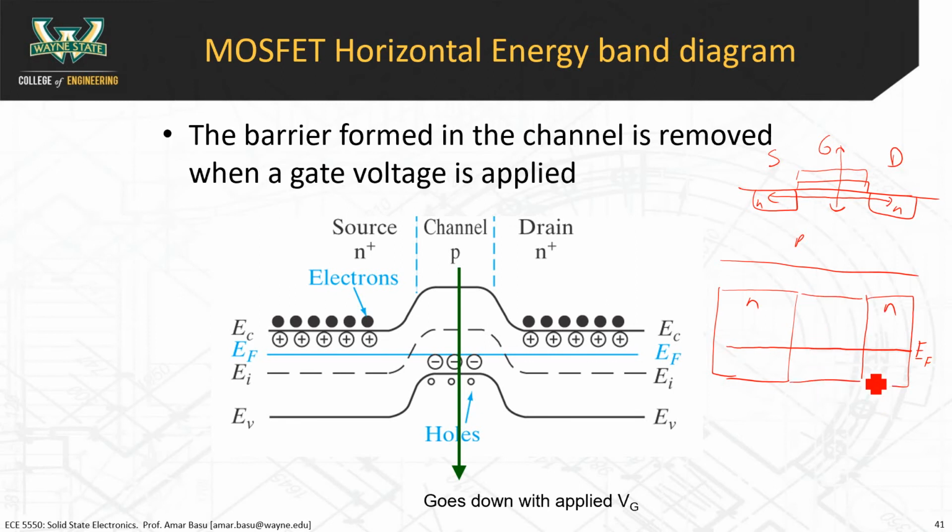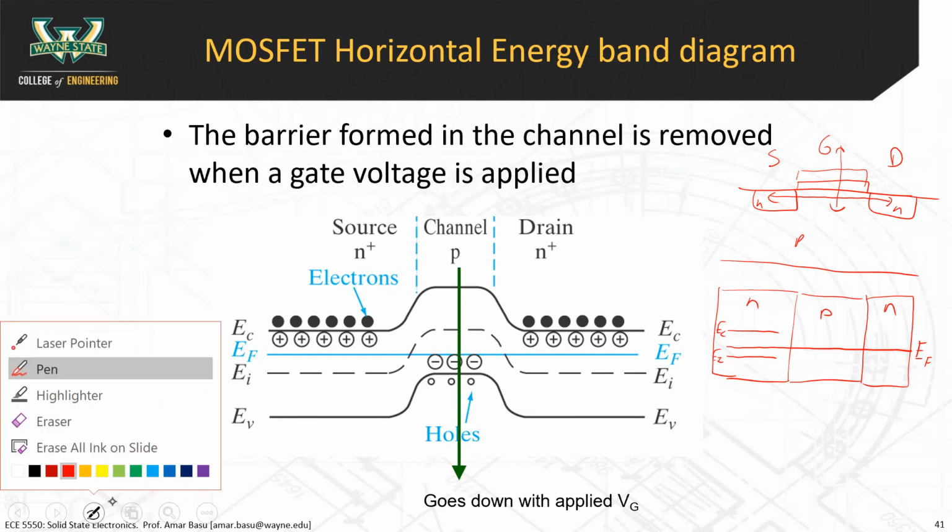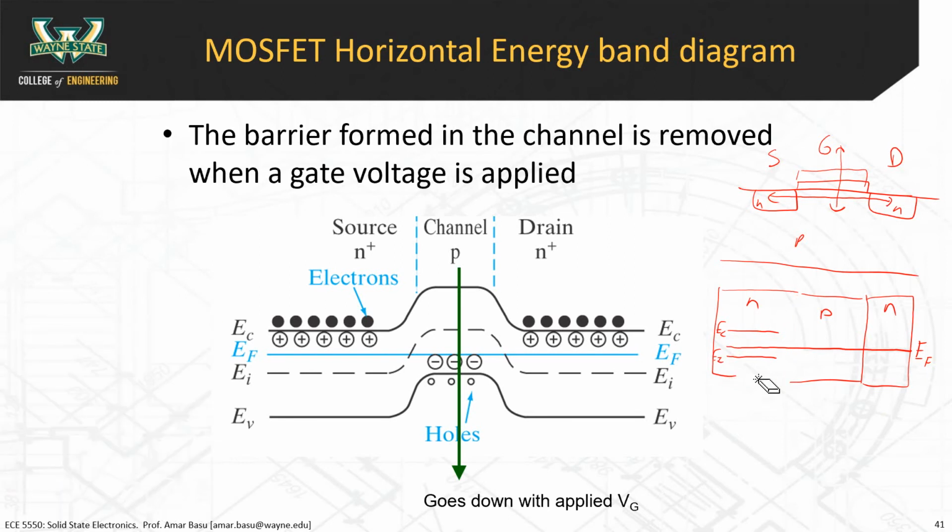So I know that this region in the middle here is going to be P-type. So the way I can go about drawing that is I first draw the N-type regions. In the N-type regions, the Fermi level is going to be above EI. Right, so we can draw EC up here. We draw EI over here. And I'm just going to erase these extra boxes.